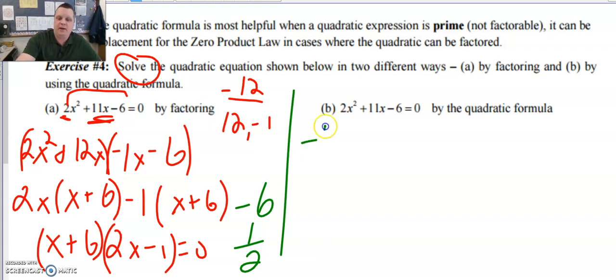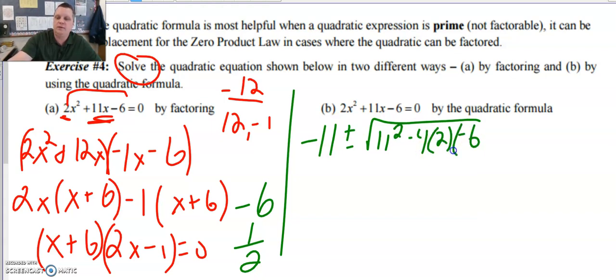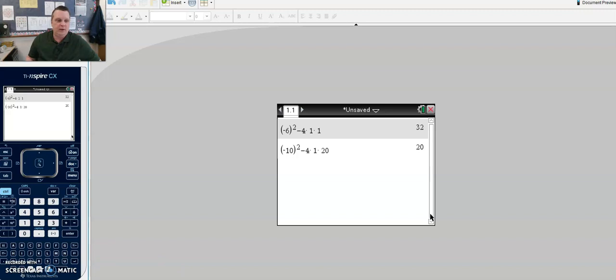All right, so I have negative b plus or minus a square root of b squared minus 4ac all over 2a. Okay? Go to your calculator. 11 squared. Do not put it underneath the radical. Minus 4 times a times c.